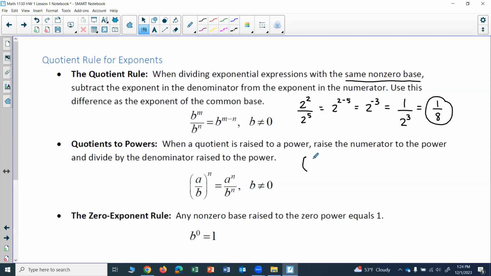Let's say I had x over 3 in parentheses, and that whole fraction was raised to the 2nd power. That would equal x to the 2nd power, or x squared, over 3 to the 2nd power, which would give me x squared over 9.